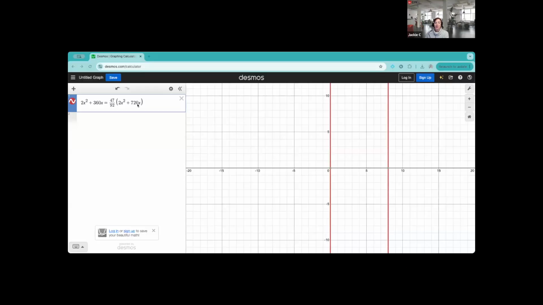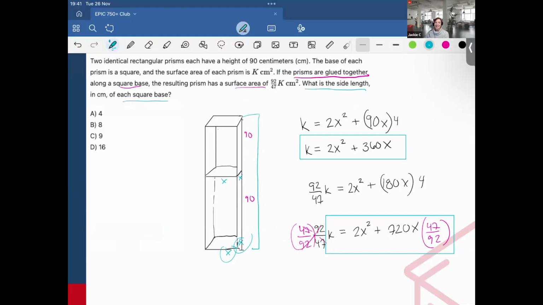Remember, I'm solving for x, and you can see one solution is 0, the other is at 8. Looking at the answer choices, 8 is the answer. That one's really just understanding rectangular prisms, deriving two equations, and then setting them equal to each other.